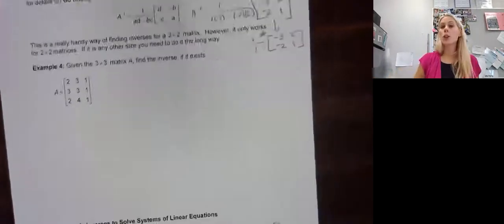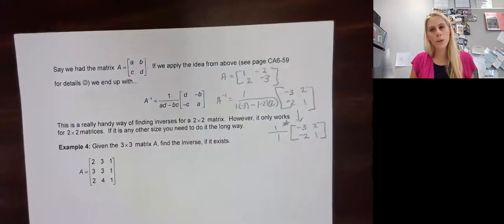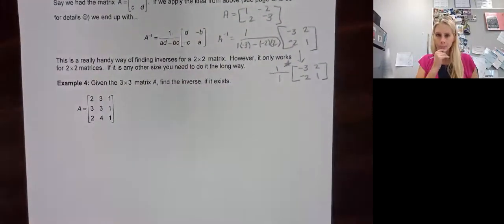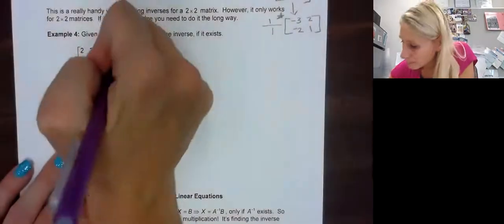So if it's a 2 by 2, we actually have a formula that we can use to get the inverse. However, that's the only size it works with. So if we have a 3 by 3, we have to do the row reduction, okay? So let's do it. Let's test it out.